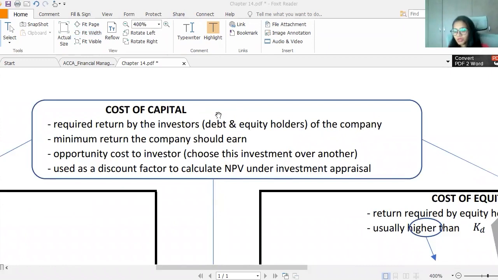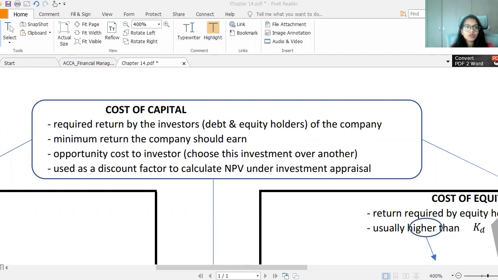So here, cost of capital. Currently I'm showing you cost of capital, but I also want you to remember that when I show you cost of capital, I would need to move to the next screen to write a little bit more.